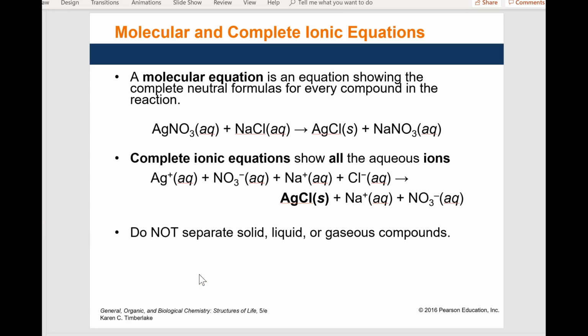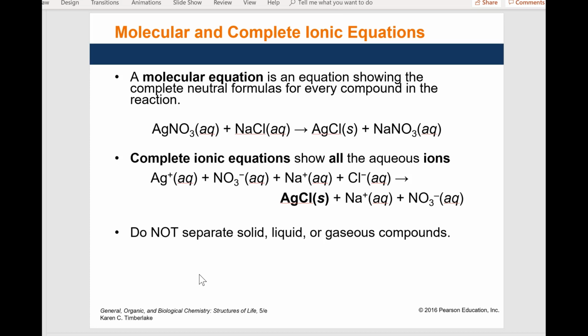Now, what do you notice is kind of interesting about all of the ions up here? Do any of the ions appear on both sides of our reaction? We start with a sodium ion, we end with a sodium ion.